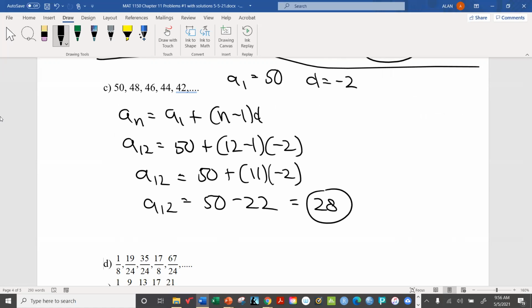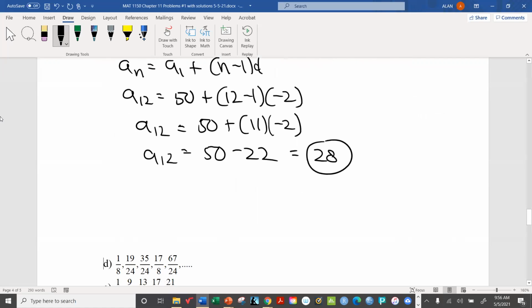So now, of course, our objective is to find the sum of those first 12 terms. And since they're shrinking, the sum won't be as large as you might think. It won't be huge, let's put it that way.